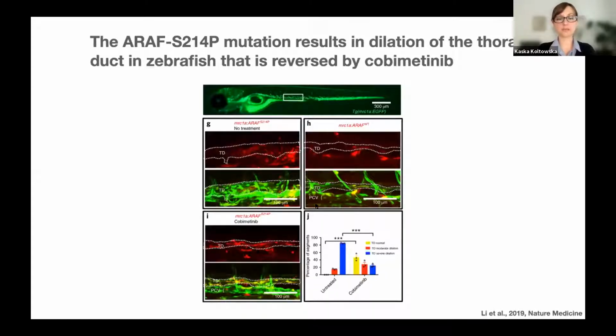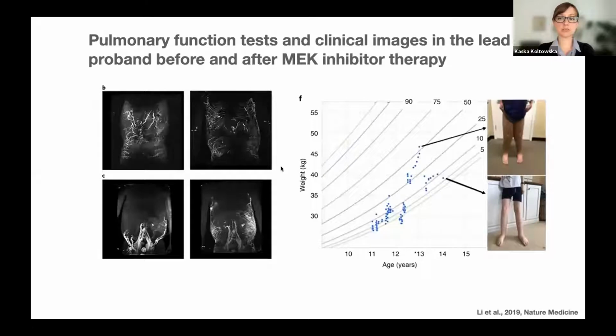And they successfully found a candidate inhibitor. Remarkably, when they treated this patient with this drug, there was really remodeling and recovery of the lymphatic vessels, both in the lungs, where the phenotype was predominantly present, as well as in the extremities. And I think this is a really powerful study that highlights all the advantages of using the zebrafish model.